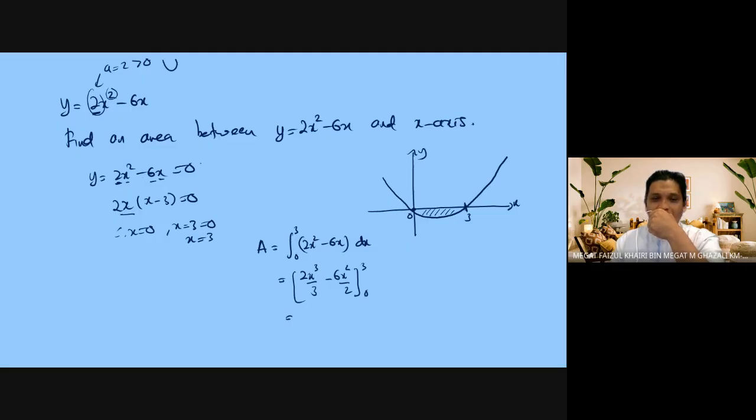Okay, and then 6 divided by 2 equal to 3. Then you get 2x cubed divided by 3 minus 3x squared from 0 until 3. Substitute 3 first, then you get 2 times 3 cubed divided by 3 minus 3 times 3 squared, minus 0.